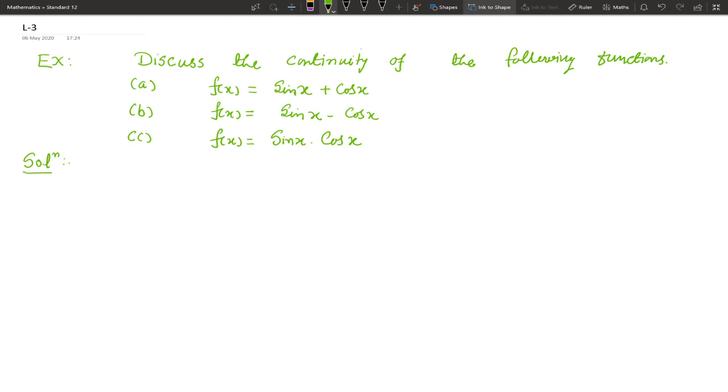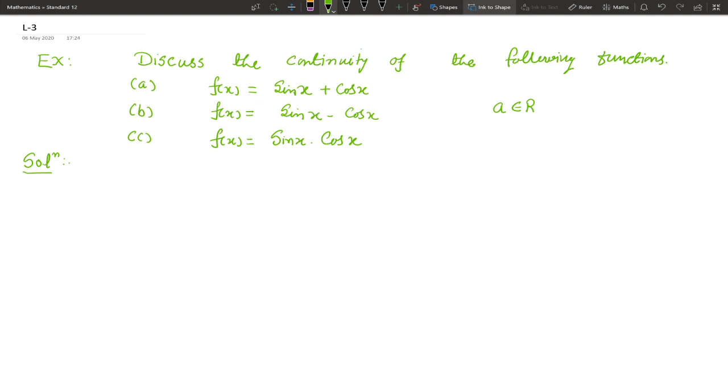So if we take a belongs to R, arbitrary, any real number, and we will prove, though we know sin and cos both are continuous on R, as we know the properties of continuities of some well-known functions.